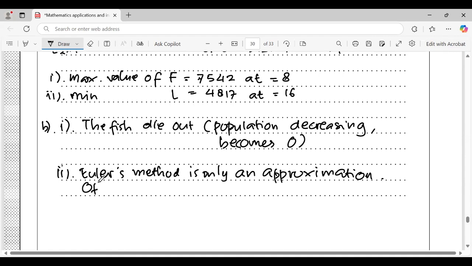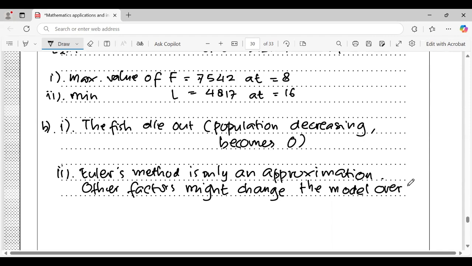The other factors might change the model over time.